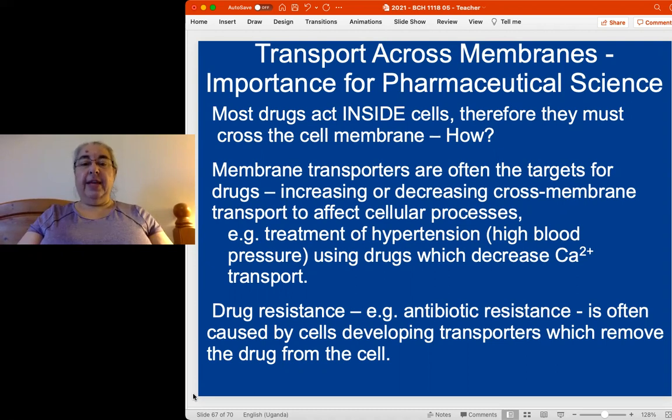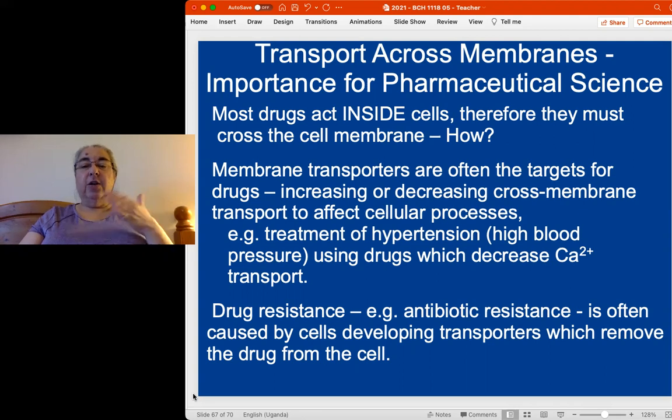Another important thing is that membrane transporters are so important for so many of our metabolic or physiological processes that they are often themselves the target for drugs.